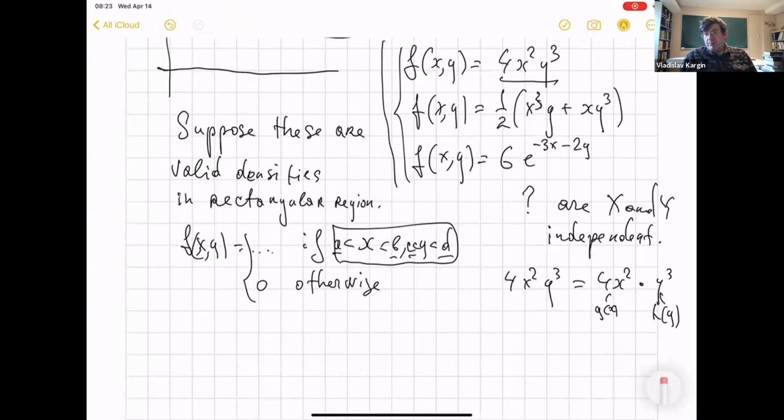It's a product of two functions. One is a function of x, another is a function of y. Somebody promised me that this is a valid density and that the region is rectangular. So in this case, the random variables x and y are independent.